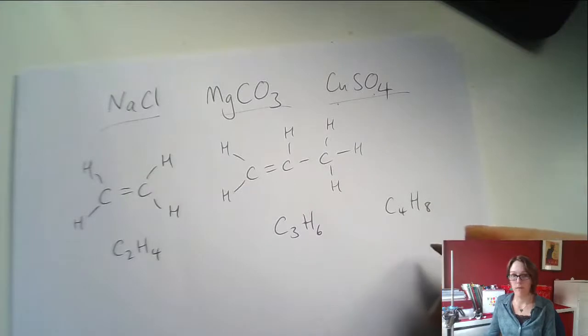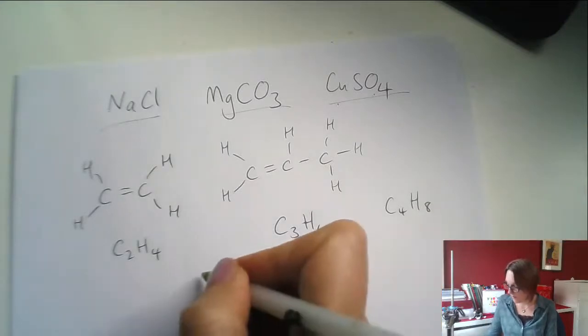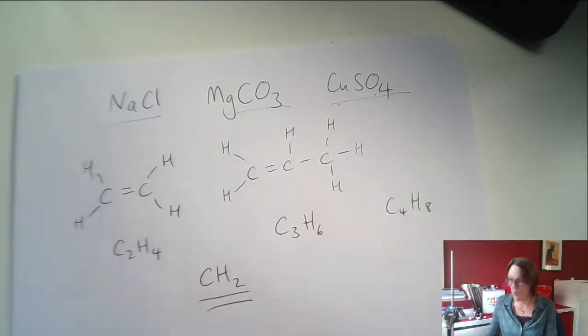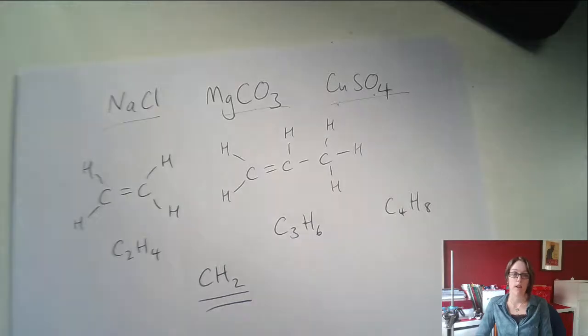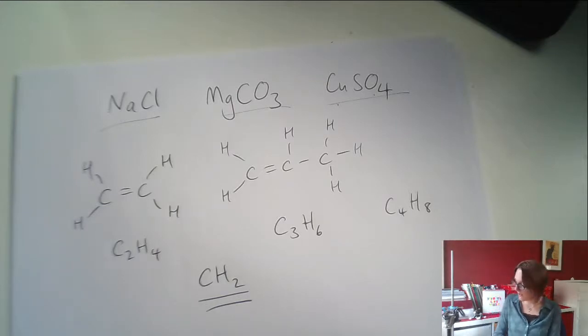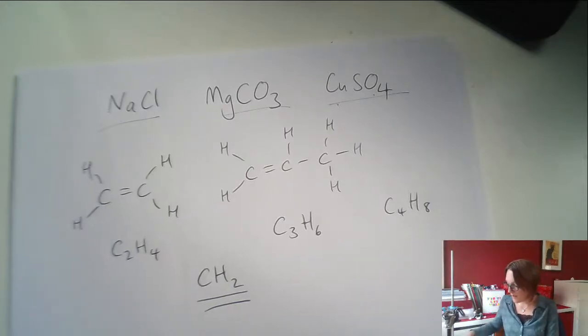Now, every single one of those has got an empirical formula of CH2, because that goes with the general formula. There's 2 hydrogens for every carbon in every single one of those compounds. So there is definitely a clear difference between the empirical and the molecular formula there. And there's a lot that we can tell from the empirical and molecular formula.